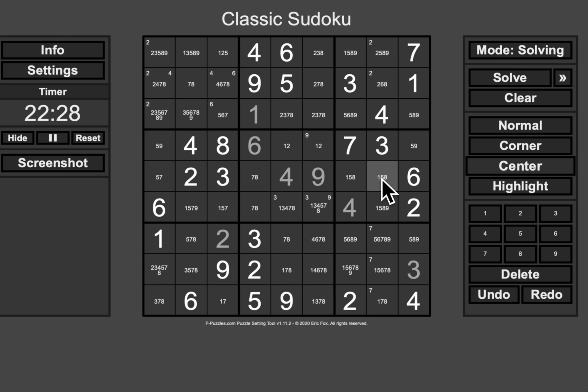Yeah, the whole grid is marked now, which is annoying. I'm trying to rule out some scenarios in my head here. So no, that's not 8.